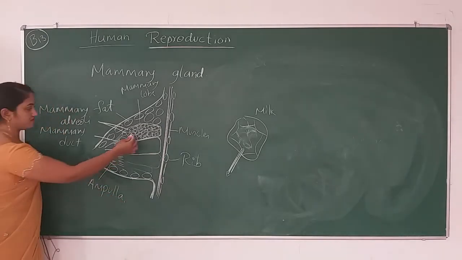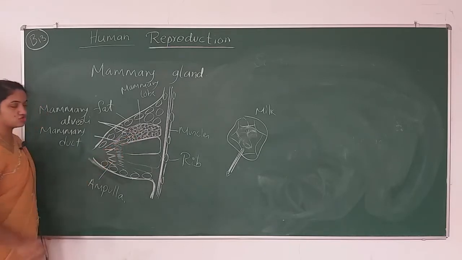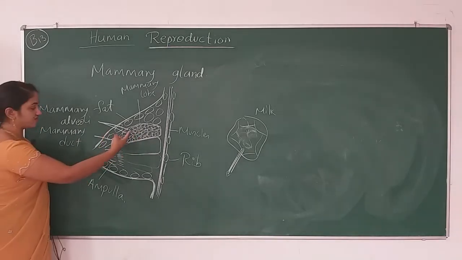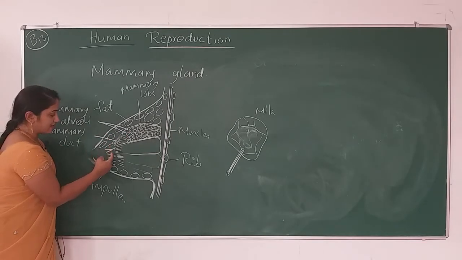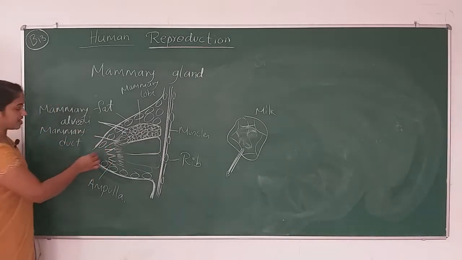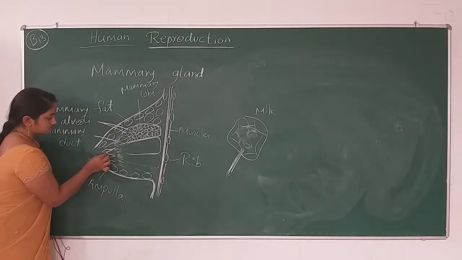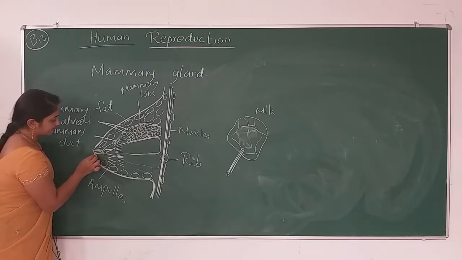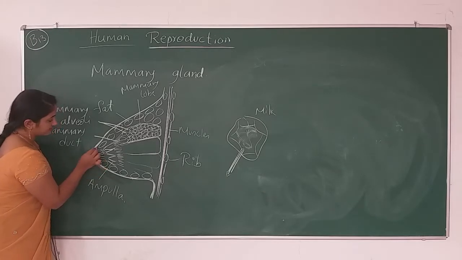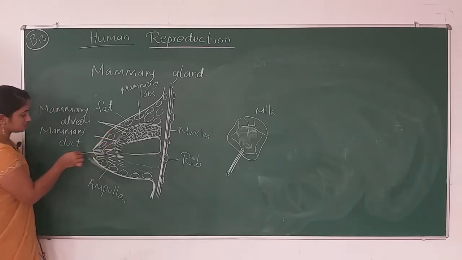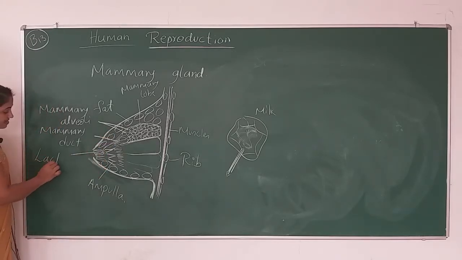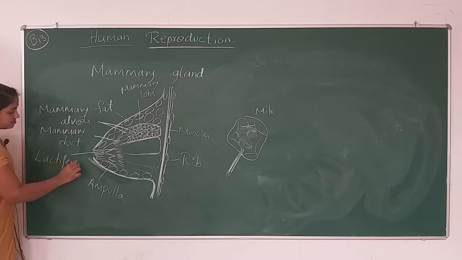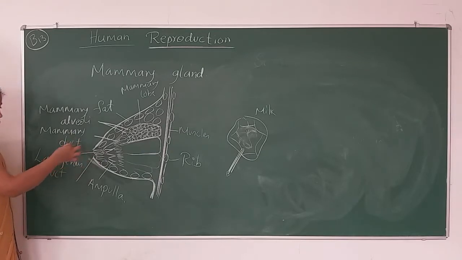It means the milk passes from here to here, so that pathway we are showing here. This is the wider ampulla, and it opens to the lactiferous duct. Through this duct, the milk is sucked out.